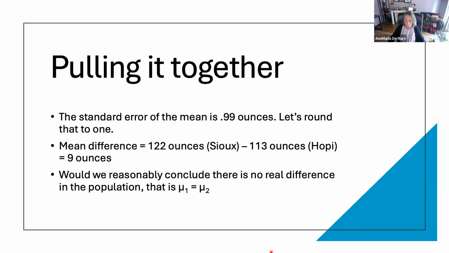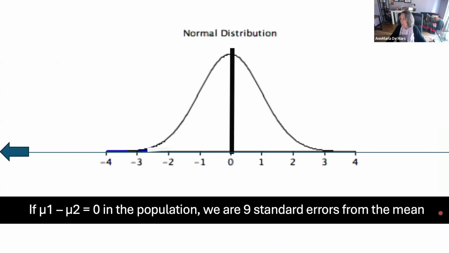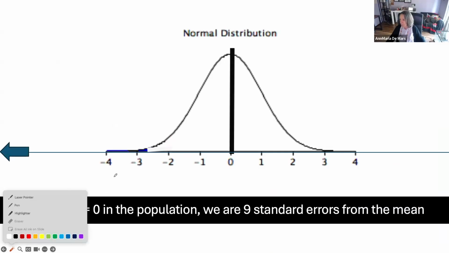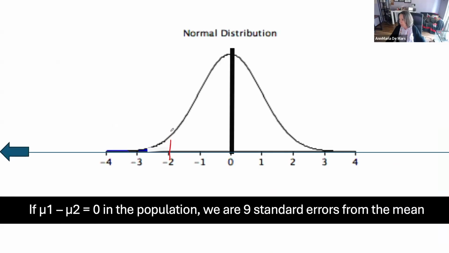Well, if we look at this in terms of standard errors, if the true difference between means is 0, and the standard error is 1, then 95% of the time, we know from our study of the normal distribution, we're going to be within two standard errors, right? 9 standard errors is not even on this graph. It's way the heck out here somewhere.